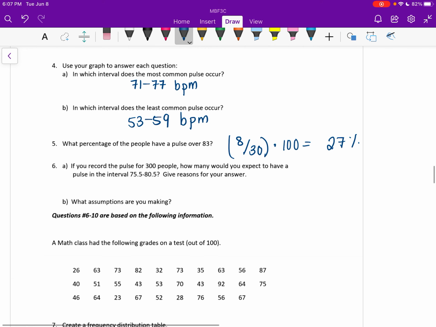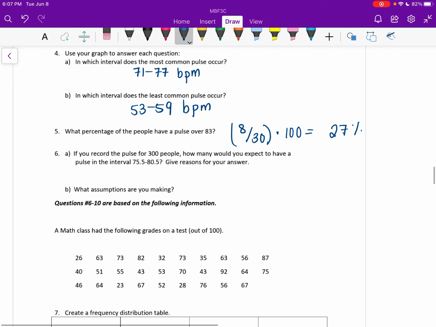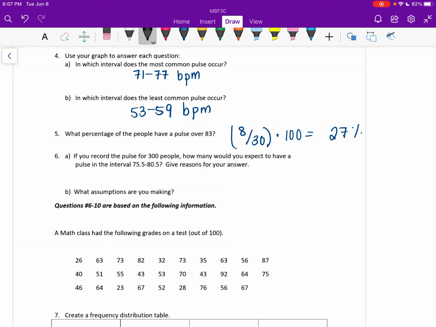Right? If you were to record the pulse for 300 people, how much would you expect to have a pulse rate between 75.5 and 80.5? Let's go look here and be like, okay, actually I ended up changing this number just because of the way that our data ended up working out. So I made this 71 to 83. It's just easier to read from your chart.